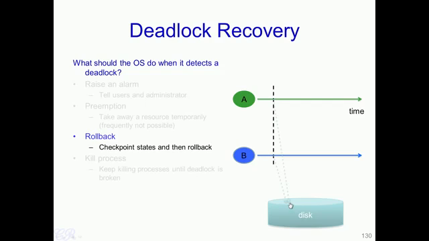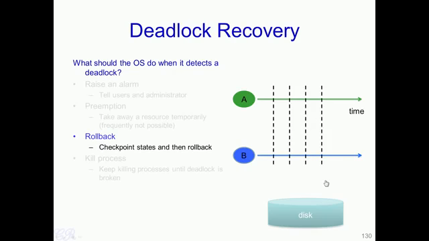Storing the state of the process on the disk will allow the process to execute from the point where it has been checkpointed, or the checkpoint state. As time progresses, more checkpoints are taken periodically, as shown over here.